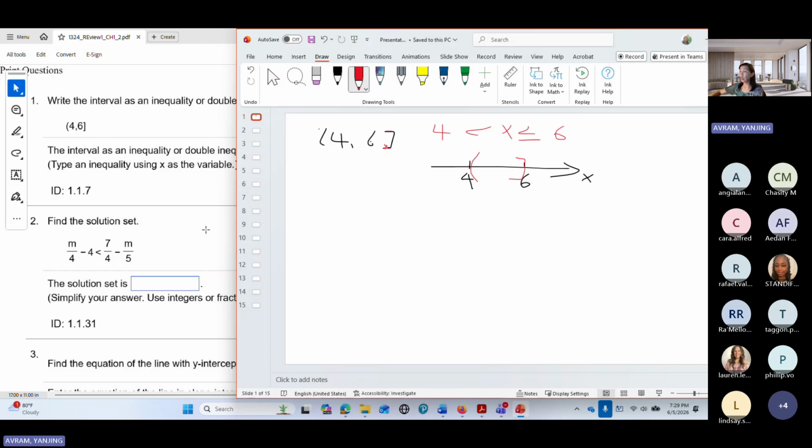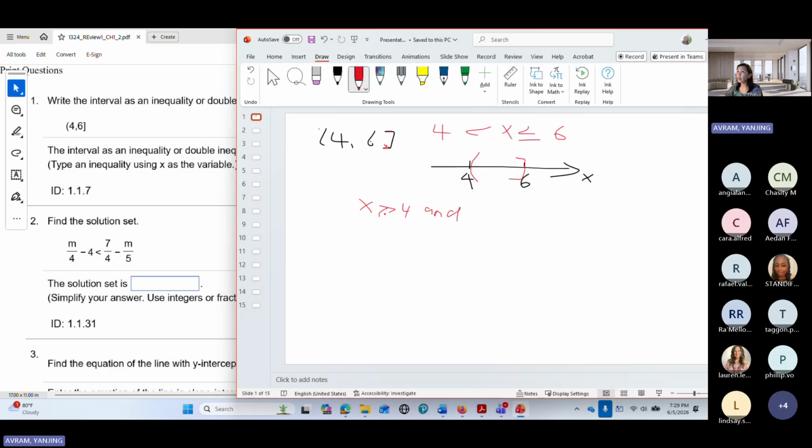Okay. So if you write this one using separate inequalities, if you want to separate into two inequalities, you're going to have X is greater than 4, and you're going to need to use AND because this is called a compound inequality, right?